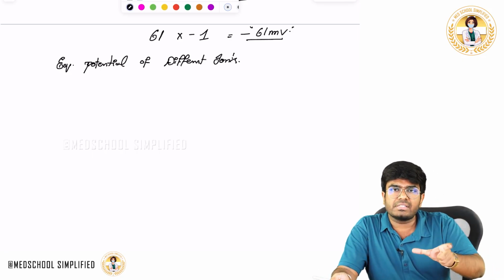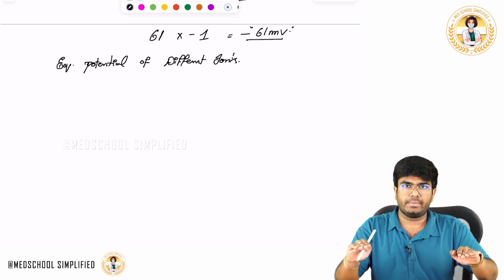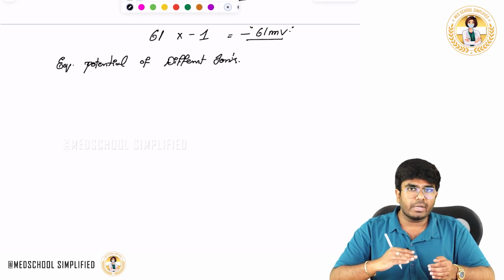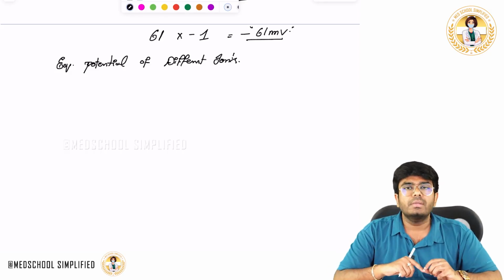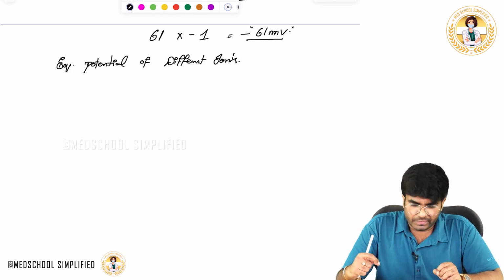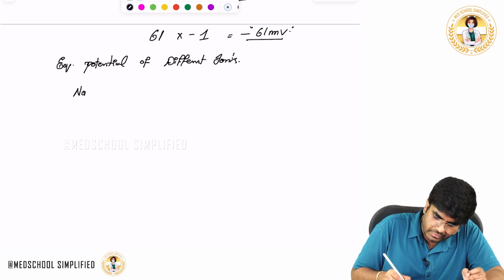When you have this equilibrium potential, the net movement of ions is 0. Equilibrium is attained. Because of the movement of these ions, there is development of a voltage, and that voltage I am talking about now. So the equilibrium potential of different ions: sodium equilibrium potential is plus 63 millivolts.